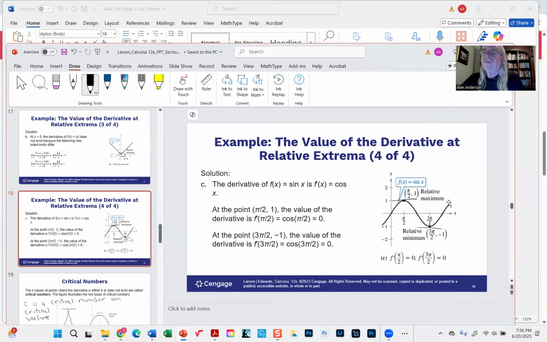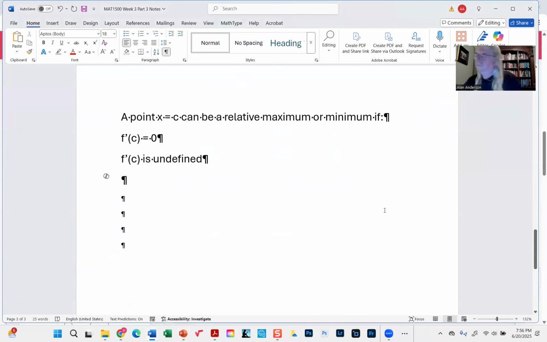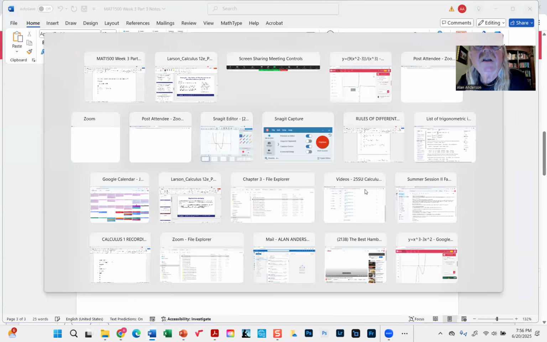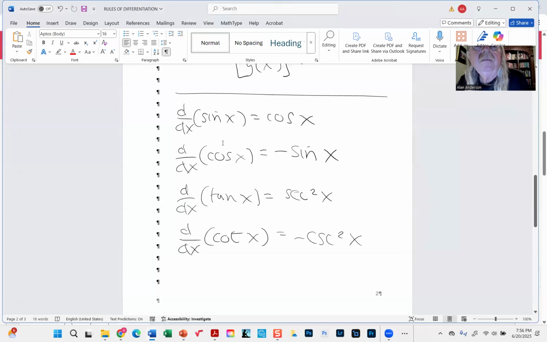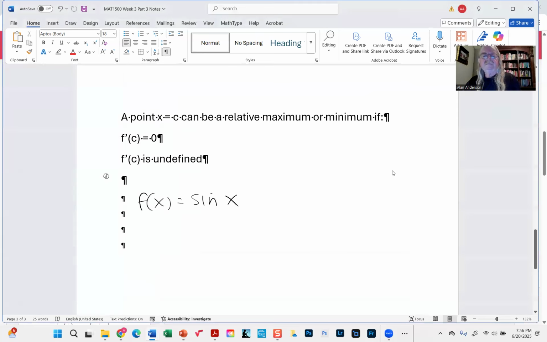So why are these relative maxima and minima? Because if you take the derivative of the sine of x, remember from my handy chart here, that would be cosine x.